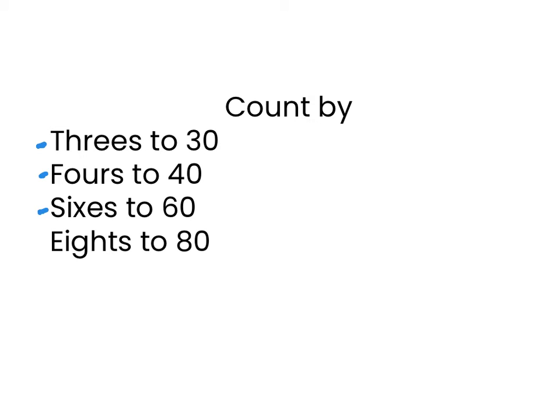And back down from 60. 60, 54, 48, 42, 36, 30, 24, 18, 12, 6. I got a little lost in the middle. I started thinking of counting by 8, so I was like, oh, wait, am I doing 6s or 8s? So hopefully I was with you.